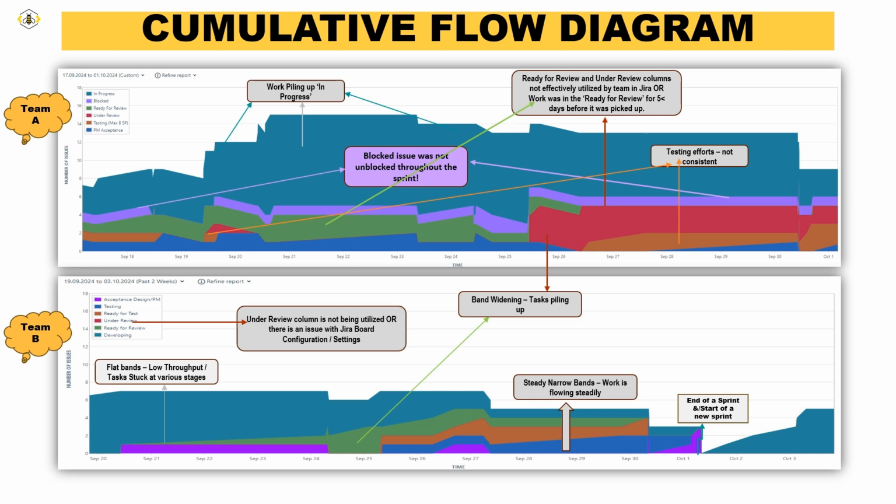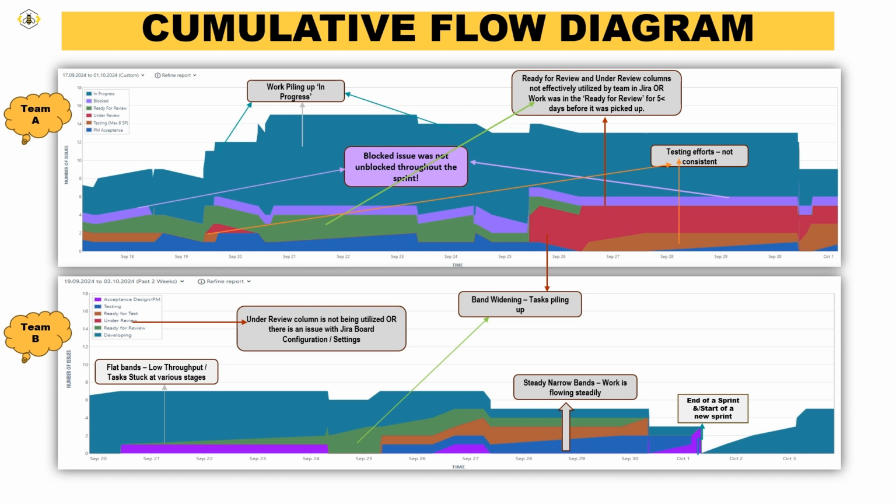Let's say your team is working on a feature for a shopping cart application. You have items like add to cart functionality, cart summary, and checkout flow, all moving through the workflow stages. The CFD will show if these items are progressing as planned or getting stuck in one stage.